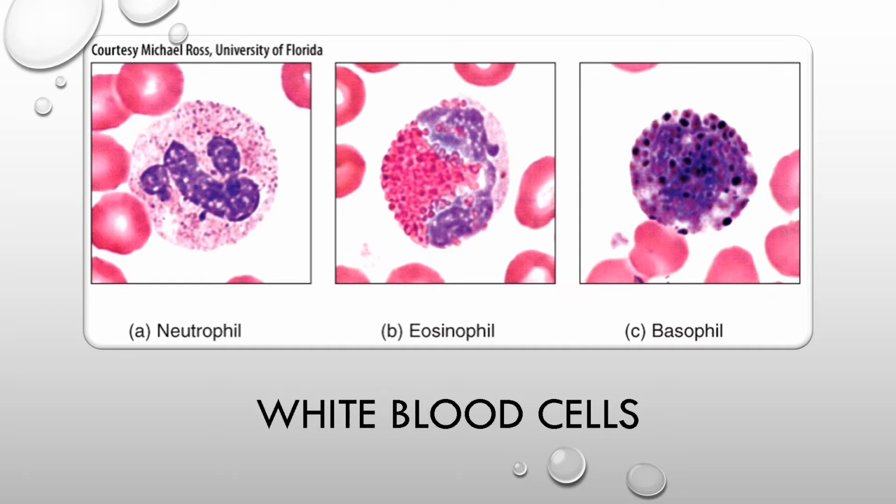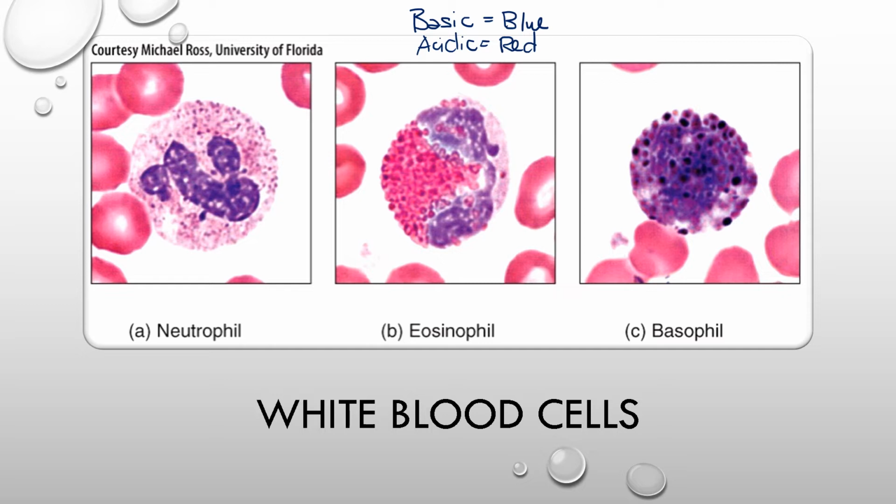If they are attracted to the basic stain, they will stain blue, and if they're attracted to the acidic stain, they will stain red. So after staining, each of the three types of granular leukocytes display these really conspicuous granules with distinctive coloration that we can recognize under a microscope.